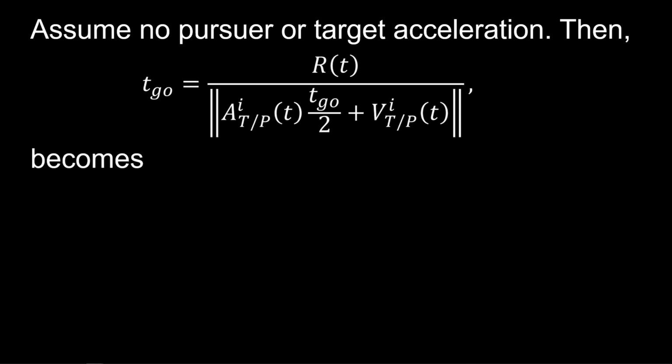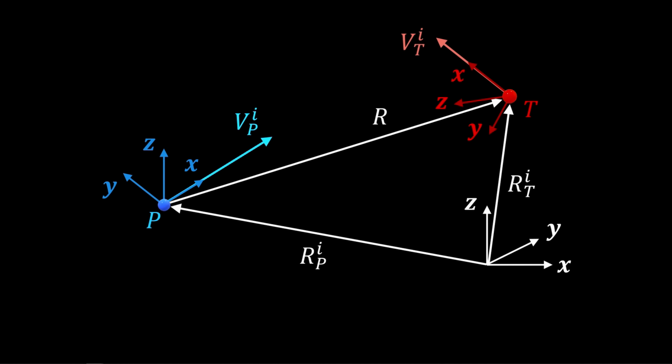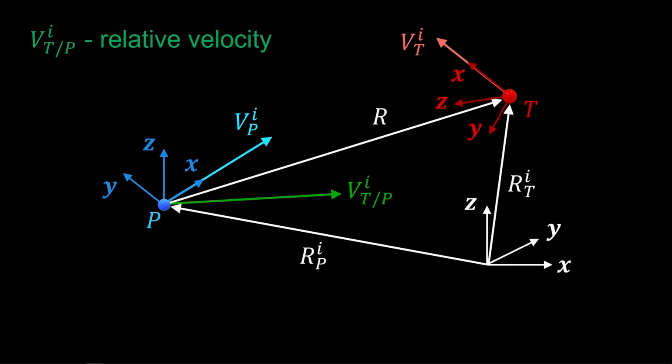The complexity of the former result greatly simplifies if we assume negligible relative acceleration. Then, what's in the norm on the denominator is just relative velocity. Note that the present relative velocity vector is not necessarily along the line of sight.